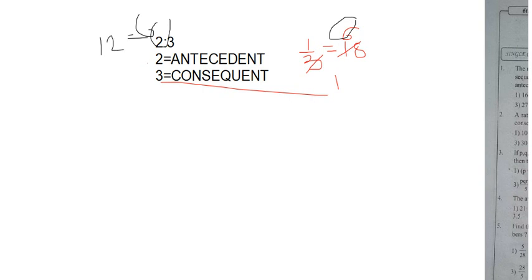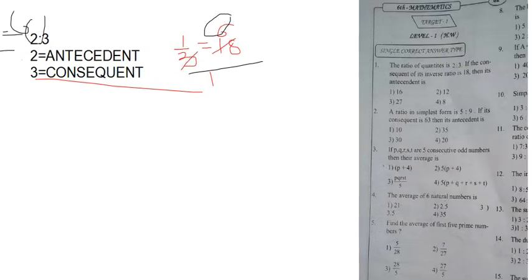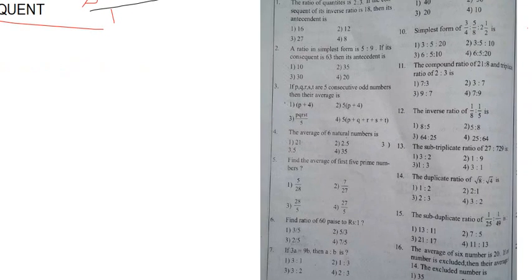See the relation between the question number and the given number: the relation is into 6. So here I am multiplying the first term, the antecedent, by 6, which gives 12. That is my first question's answer, 12.